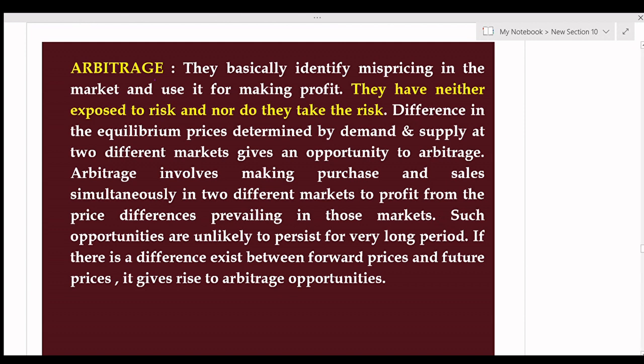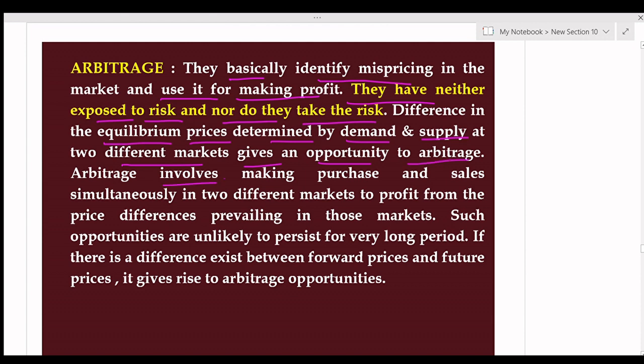They basically identify mispricing in the market and use it for making profit. They are neither exposed to risks nor do they take risks. A difference in the equilibrium prices determined by demand and supply at two different markets gives an opportunity to arbitrage.